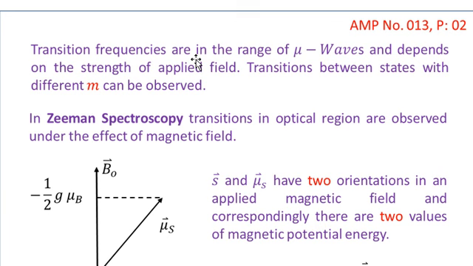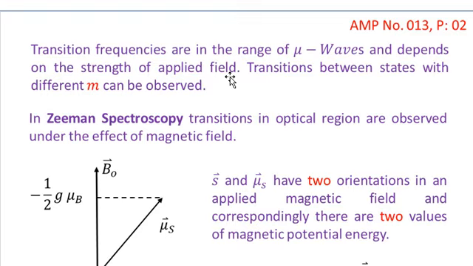Transition frequencies are in the range of microwaves. That is, when there is a transition between different electronic states depending upon Mj values, that is, transitions between different Mj states, where Mj is the total magnetic quantum number of the atom, then the wavelengths or the frequencies which are emitted are in the range of microwaves, and depend on the strength of the applied magnetic field.